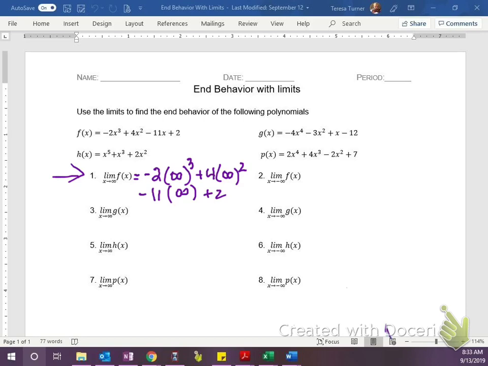So we're not as negative as we were, but we're still negative. Then we take negative 11 times more infinity, so we're negative 11 more infinities, so we're more negative. We add 2 to it, so what? Adding 2 to infinity is negligible. So the limit as x approaches infinity of f of x is negative infinity. This function is going to negative infinity on the right.